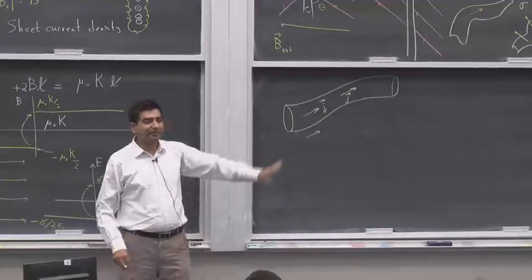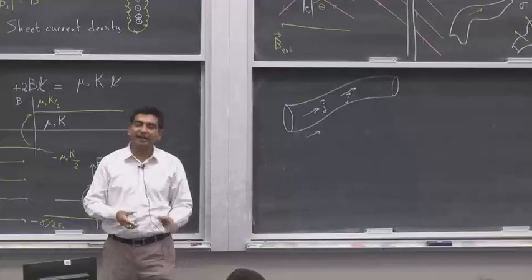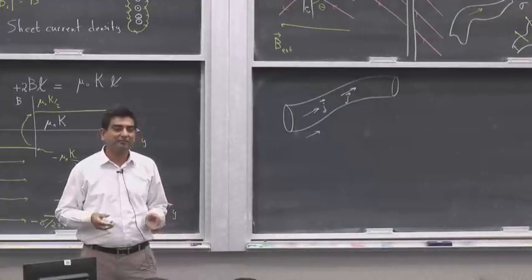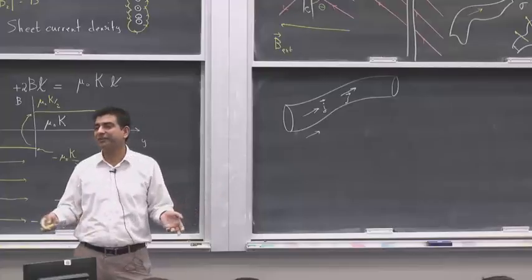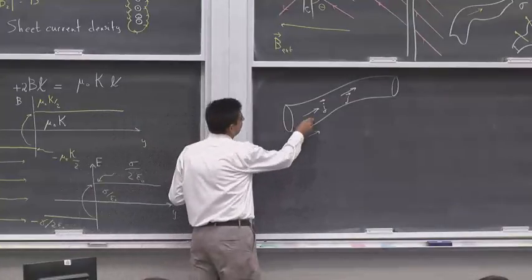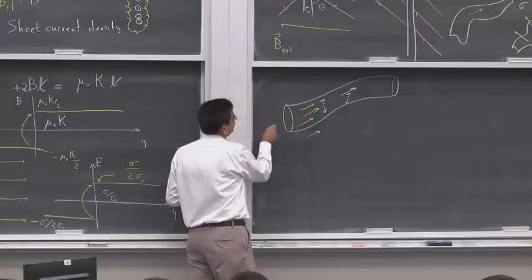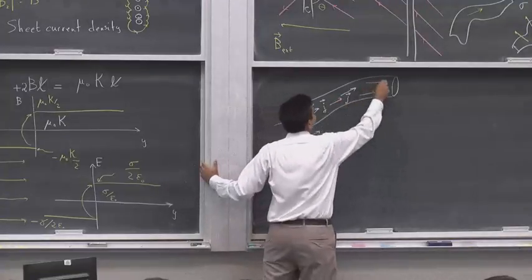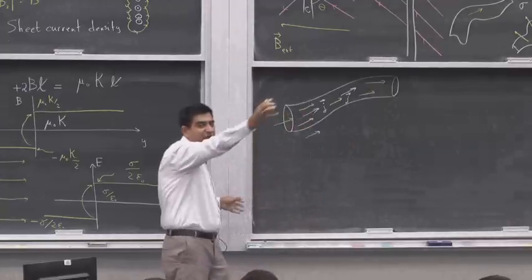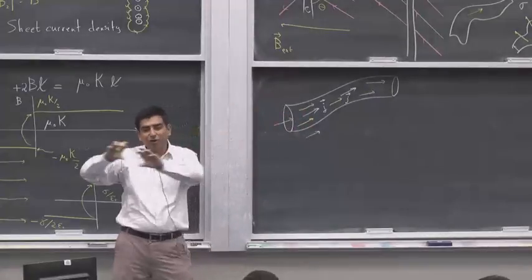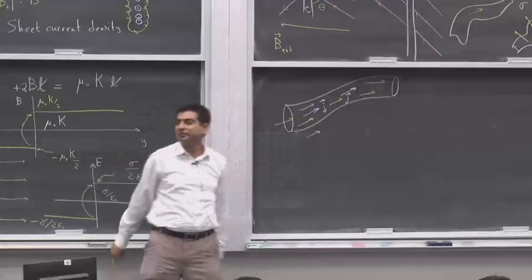It's going to be parallel to this J. And will it be axial? The electric field is going to be axial, parallel to the axis of this conductor locally, right? So the electric field is going to be like this here, like this here, like this here. So it's just going to be a streamline of electric field, like a tube of electric field lines. All of them are parallel to one another.